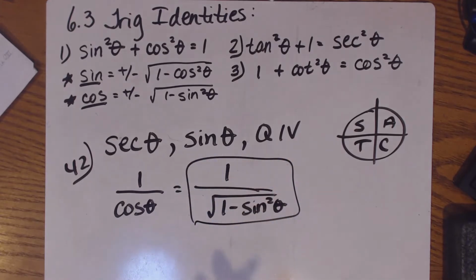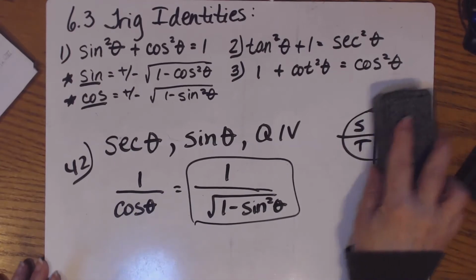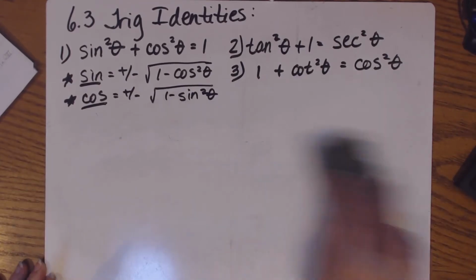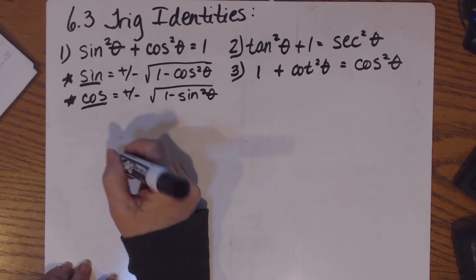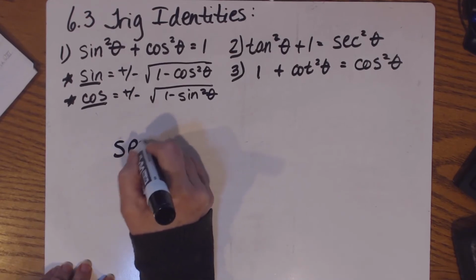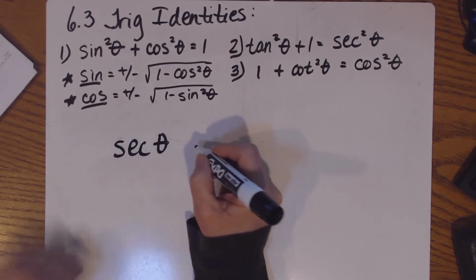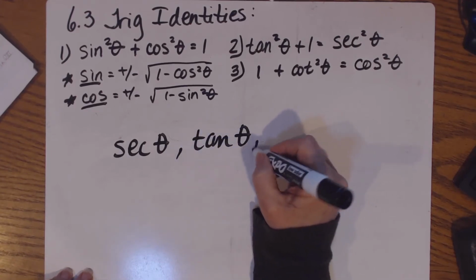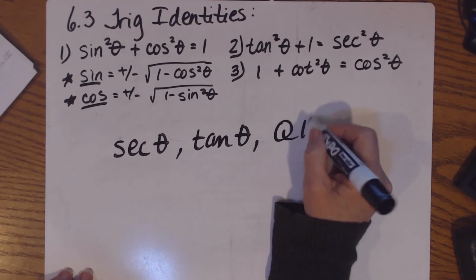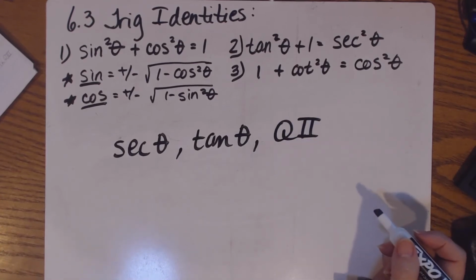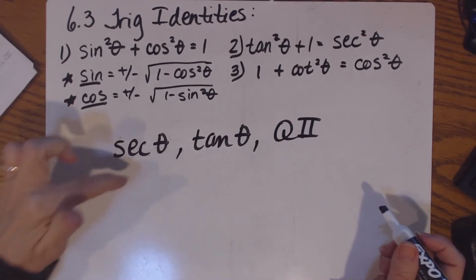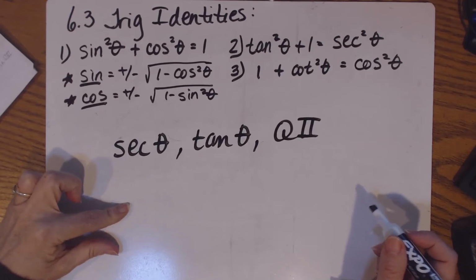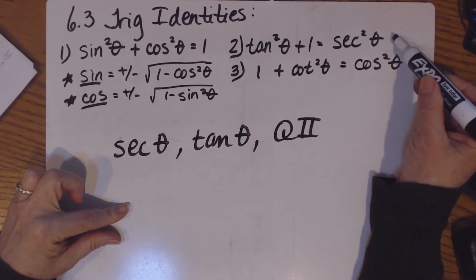Okay? Numbers 43 and 44, just be sure that you don't reinvent the wheel here. Number 43 says that you want secant theta in terms of tan theta, and that's in quad 2. And basically, rather than expressing this in terms of sine and cosine, don't forget, I can go directly to this identity here.